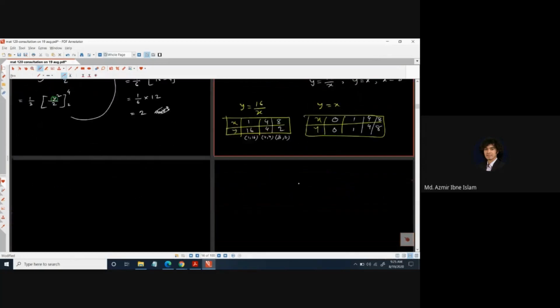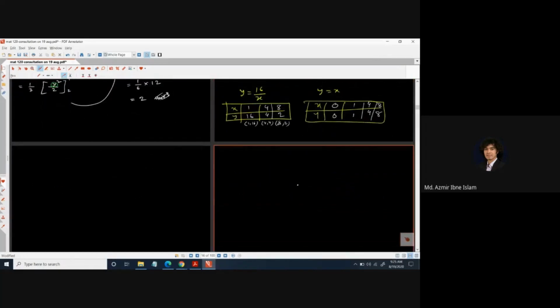So let's try to draw the figure. Here we have the Cartesian coordinate system. One, 2, 3, 4, 5, 6, 7, 8, 9, 10, 11, 12, 13, 14, 16.